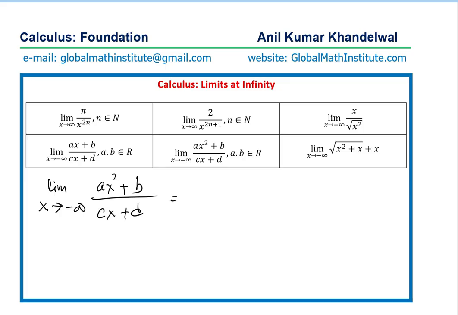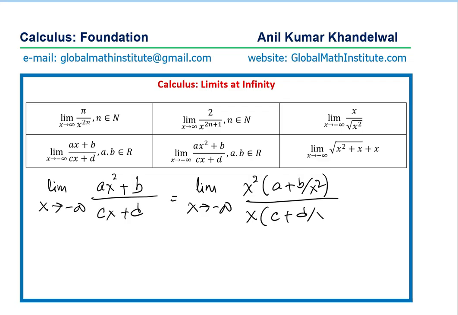Now, in this case, what you see is that we can take x squared common, right? That's the highest power. We have limit x approaches minus infinity, x squared common, we get a plus b over x squared. And in the denominator, we can take x common, right? And we get c plus d over x.